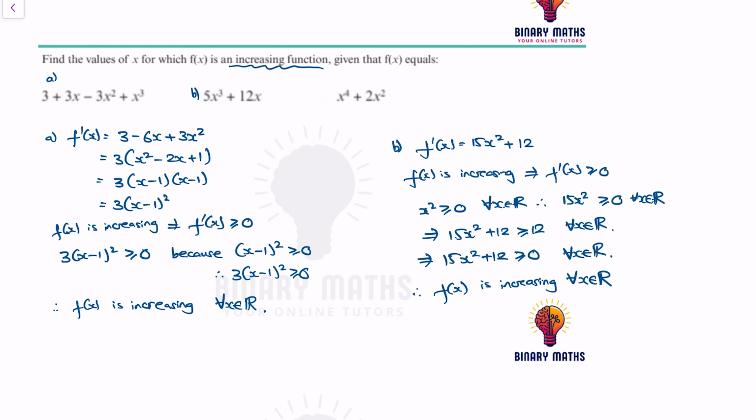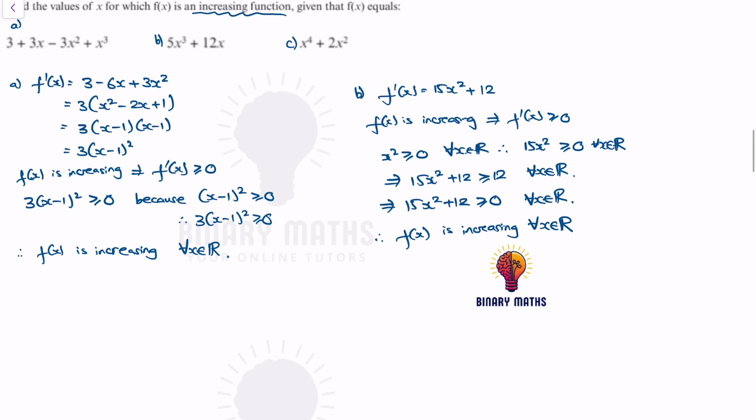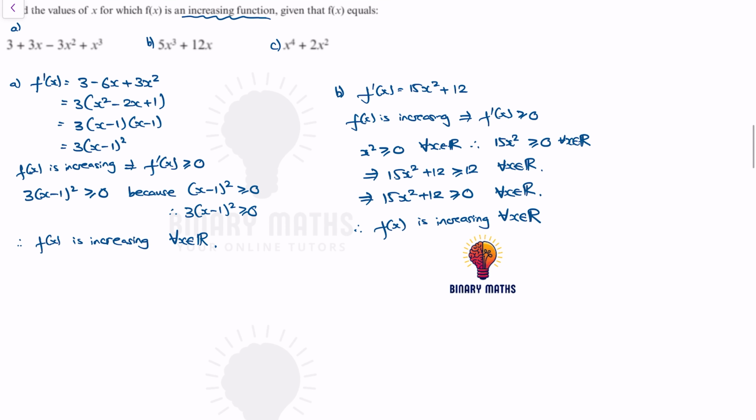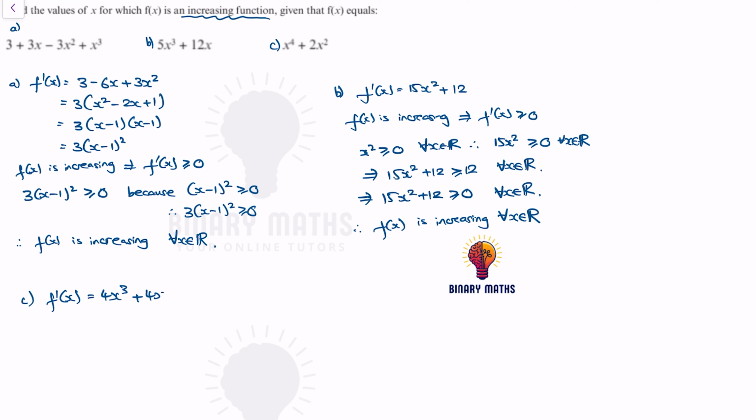The last one, which is c. f dash of x is equal to 4x cubed plus 4x, which is equal to 4x times x squared plus 1.